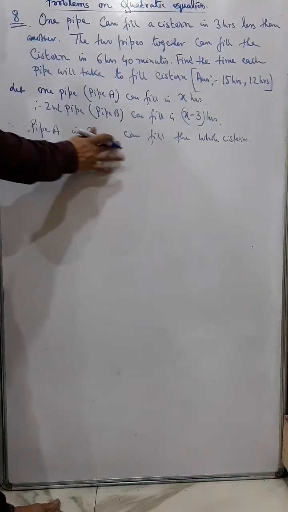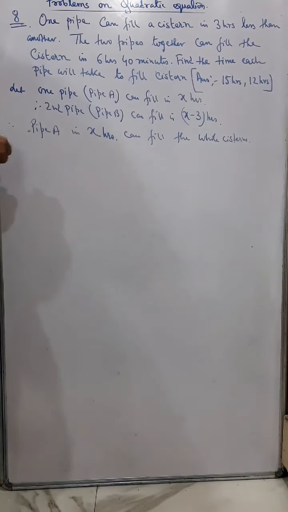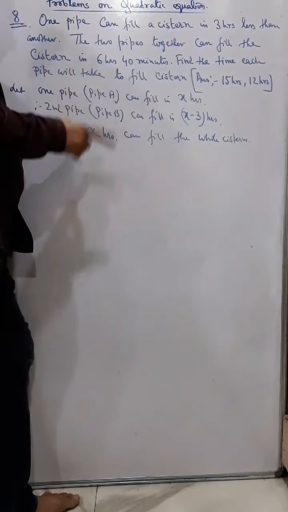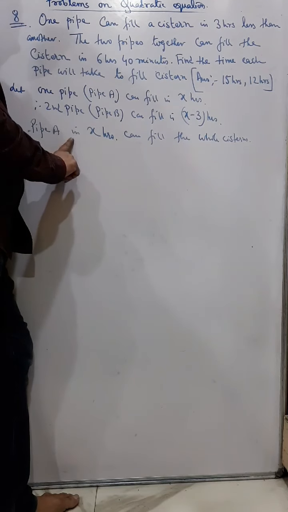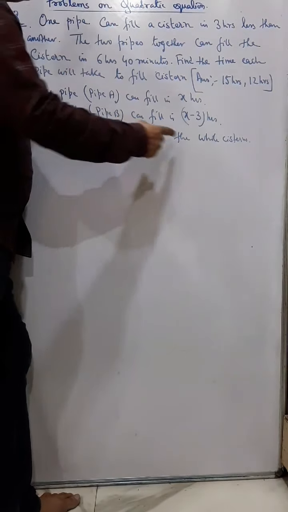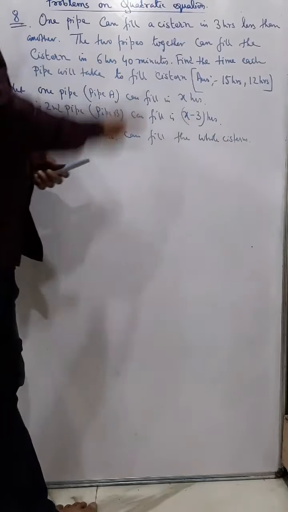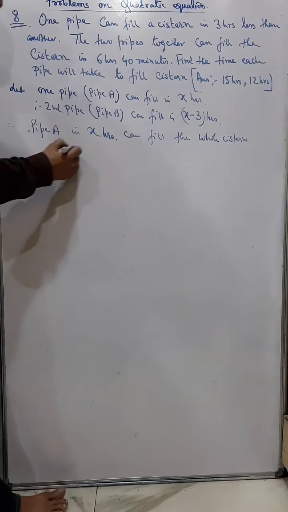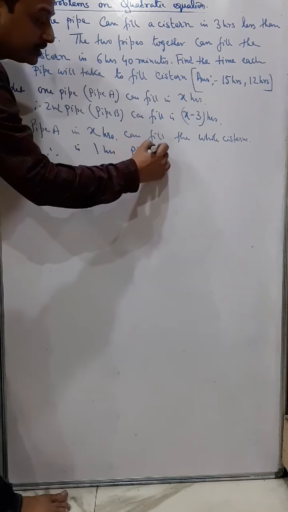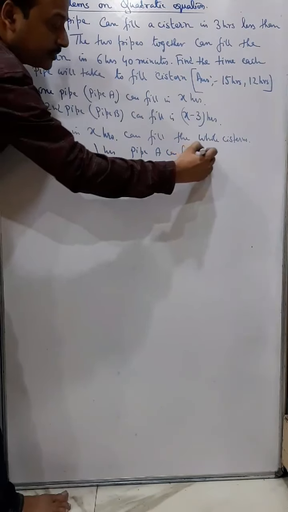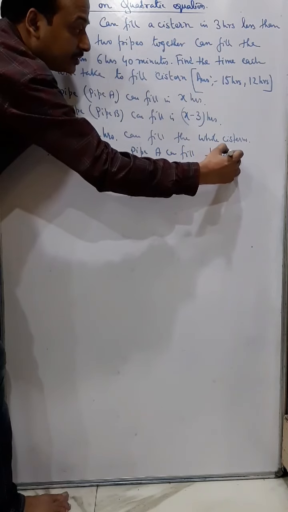So if you remember time and work, if A can complete a work in 15 days, then in one day A can complete 1/15. So here also, if pipe A in x hours can fill the whole cistern, meaning 1, therefore in 1 hour pipe A can fill 1 by x part of the cistern.